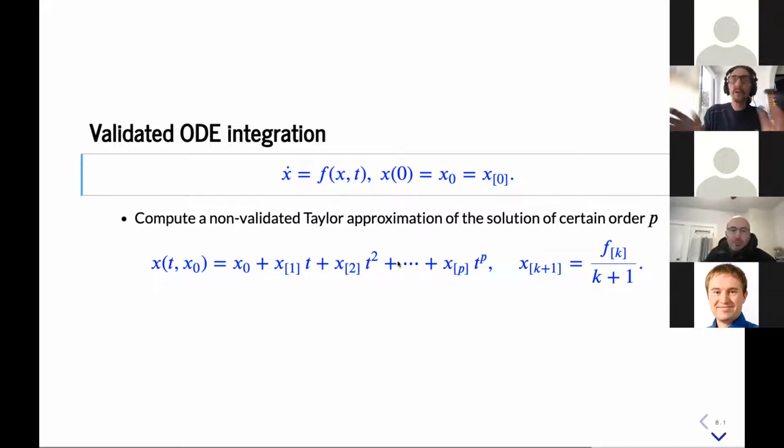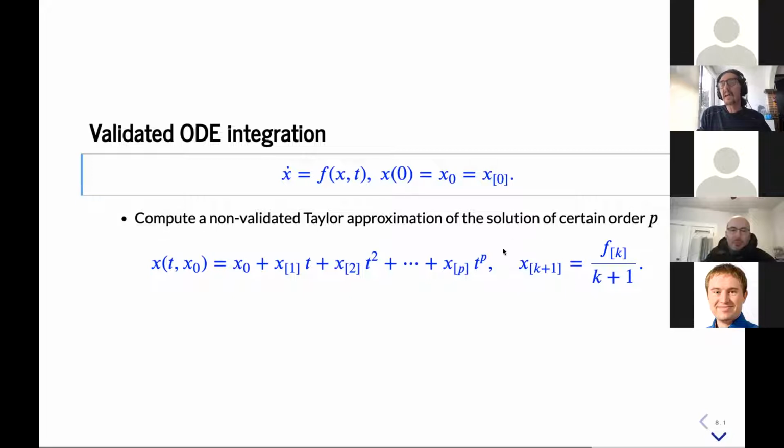I will not go into those details, but we have managed to work all those particular cases in the package. So the idea of using Taylor models is you expand your solution as a Taylor expansion on the independent variable t.